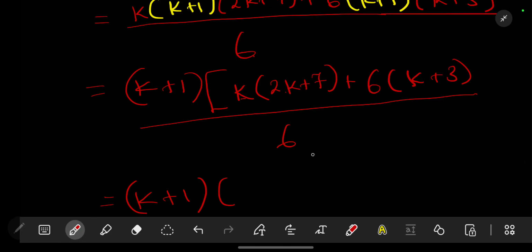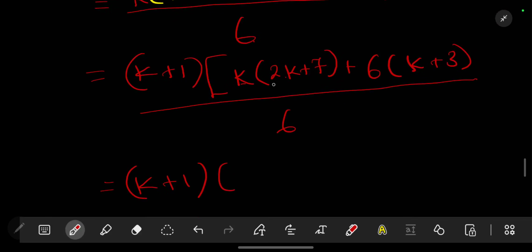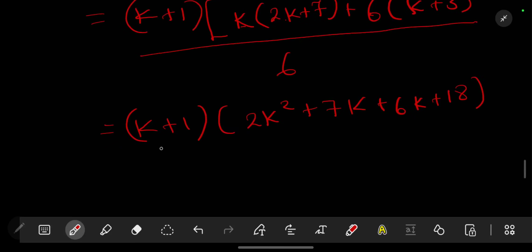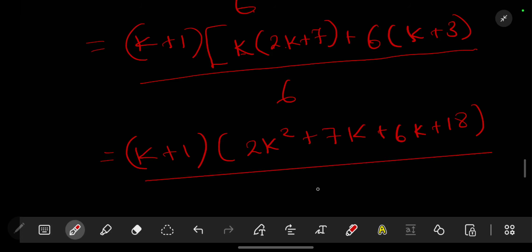Expanding this, 2k times k is 2k squared, plus k times 7 is 7k, then 6 times k is 6k, plus 6 times 3 is 18, over 6.